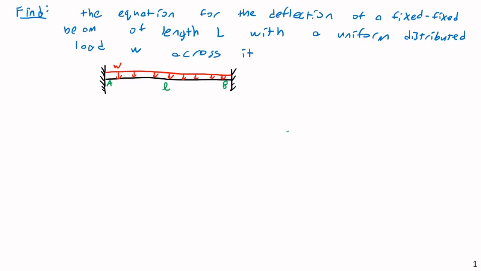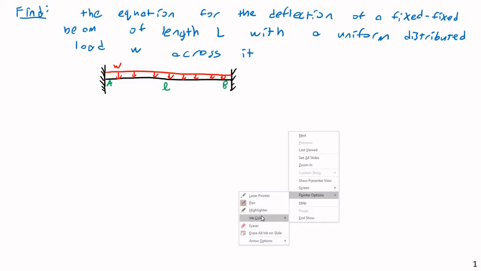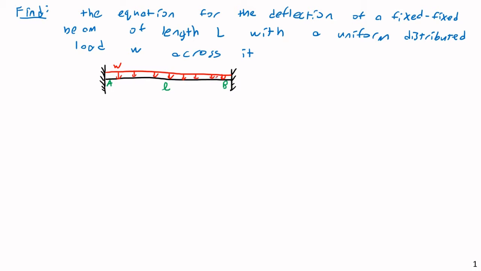And let's see, from basic static equilibrium, if I do a balance of forces in the vertical direction, it's very easy to see that on the left-hand side, I will have a vertical reaction of WL over 2, and the same on the right-hand side. And I can get this just by arguments of symmetry. WL over 2 here.